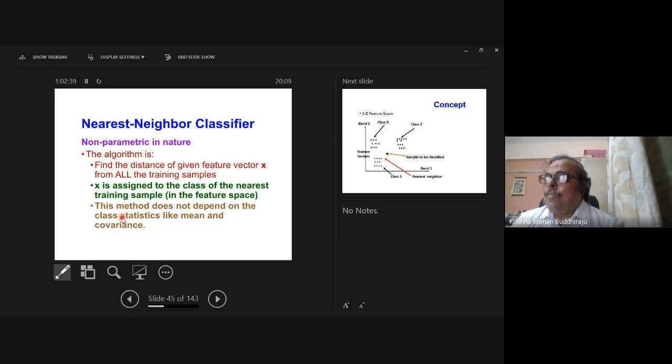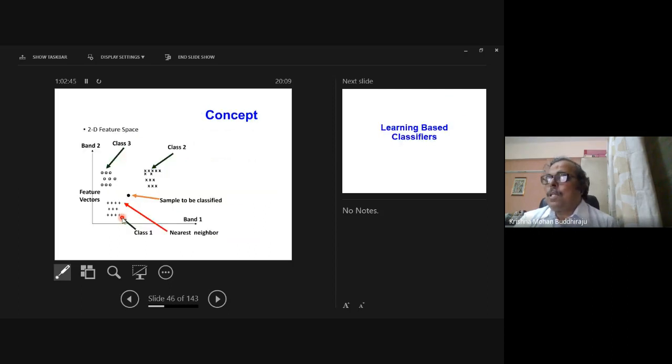And then you have other classifiers also, what's called nearest neighbor. So instead of using the means, suppose we use the information like which is the nearest training sample, let it be of any class.